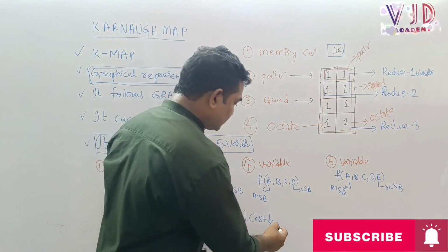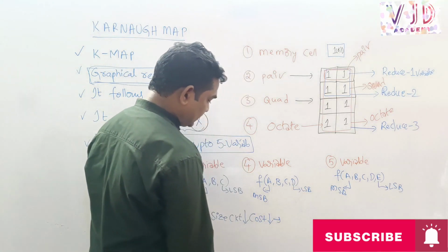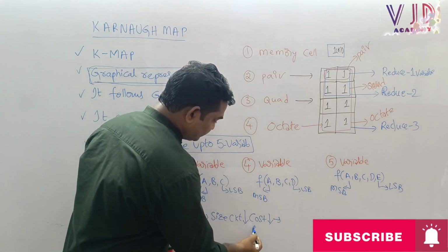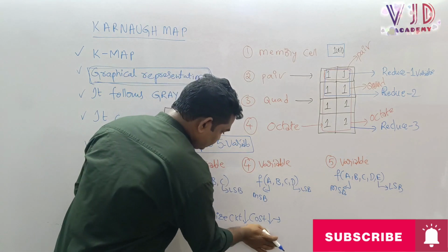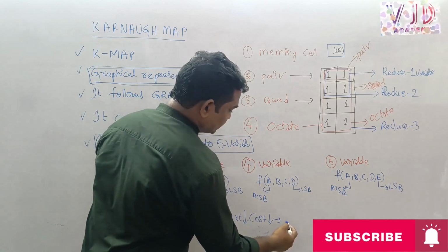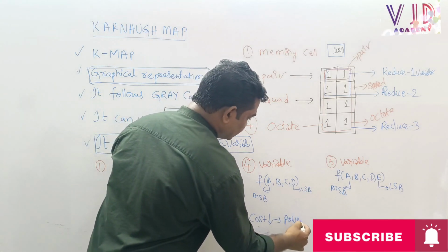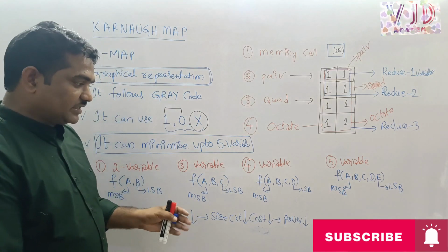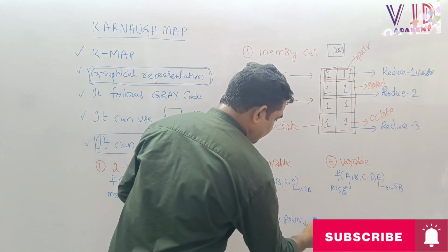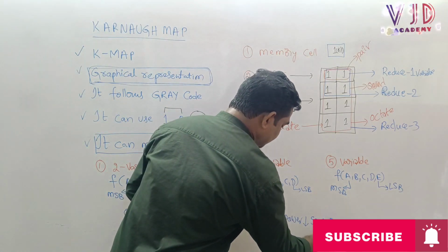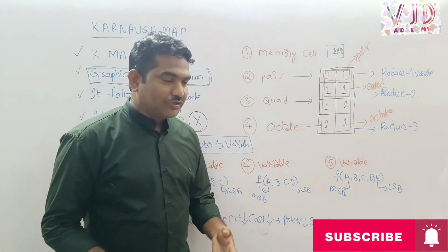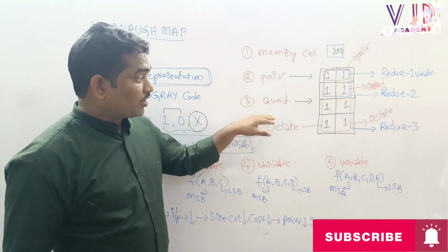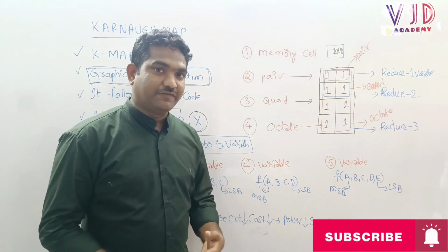Once the cost of the circuit is reduced, we can say the power requirement is also reduced, and then the physical space is also reduced. We will try to know what a pair, quad and octet are in further classes while we are solving Karnaugh map problems.